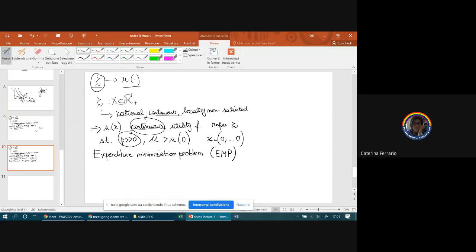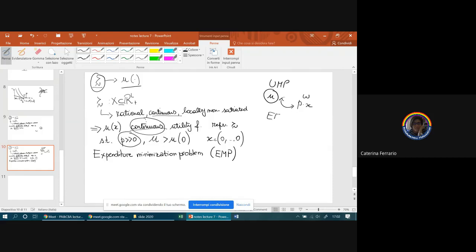But this expenditure minimization problem reverses the roles of the objective function and constraints, because in the utility maximization problem, the objective function was the utility function and the constraint was the level of wealth for the consumer, so the expenditure, price times X. And now we reverse the two.